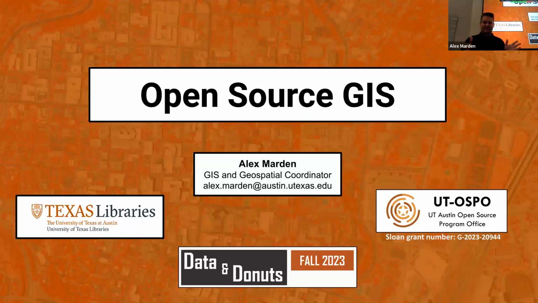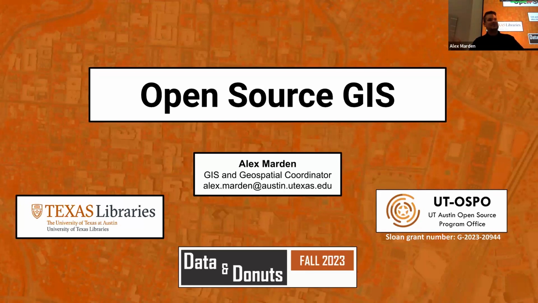So I'm going to do my best not to wander because I'm on my computer webcam right now, so I'll be pretty static here for those here joining in person. But first, to get started, I'd like to introduce myself. My name is Alex Martin. I am the new GIS and geospatial data coordinator here with the UT Libraries.